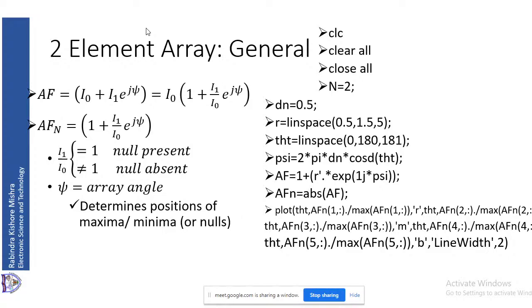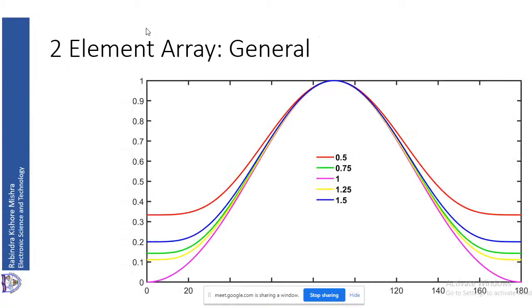Now you can see, once I give this command and run it in MATLAB, you can see 0.5, 0.75, 1, 1.25, 1.5. Now you can remember 0.5 to 1.5 is the range of R, and there are 5 values linearly spaced. You can see 0.5, then add 0.25, add 0.25.